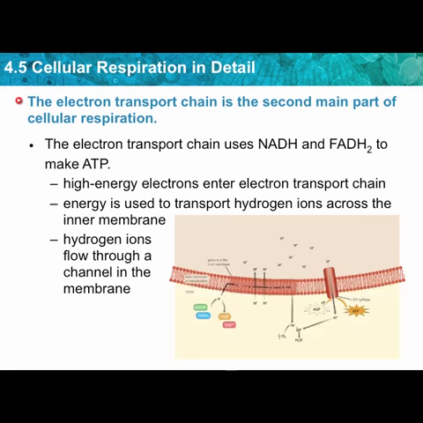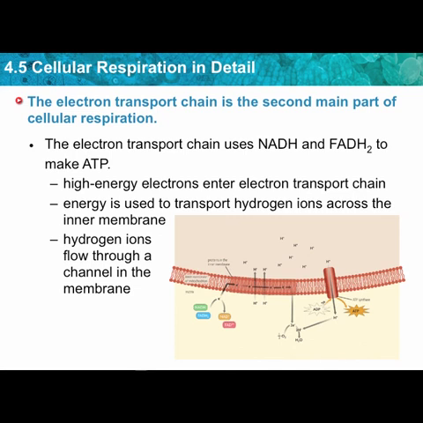You can see these molecules help push the electrons along and making a bunch of positive hydrogens, which come through the chain, and adenosine triphosphate is synthesized. So this is how we get the ADP to ATP.